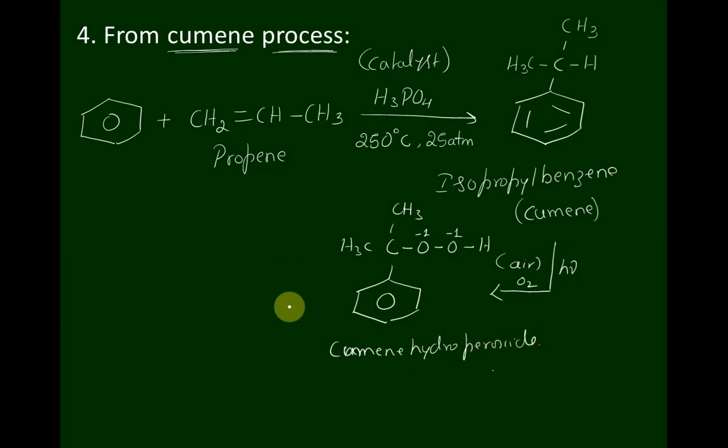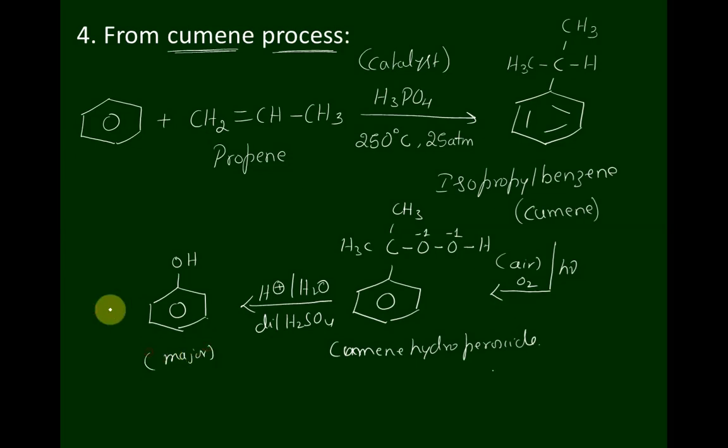The obtained cumene hydroperoxide is subjected to acidification in presence of dilute sulfuric acid. Phenol is obtained as a major product, along with acetone. So this is the method of preparation of phenol from cumene. Very, very important. Please note it down.